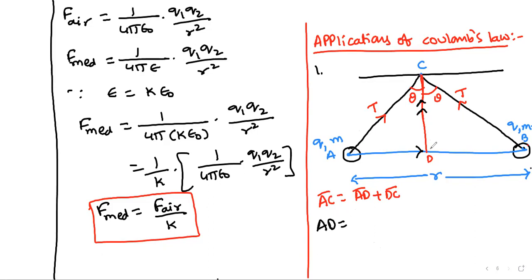In the triangle ADC, at D it is perpendicular. AD is T sin theta. Similarly in this triangle also. And DC will be T cos theta.